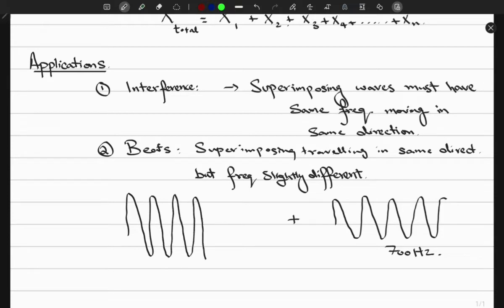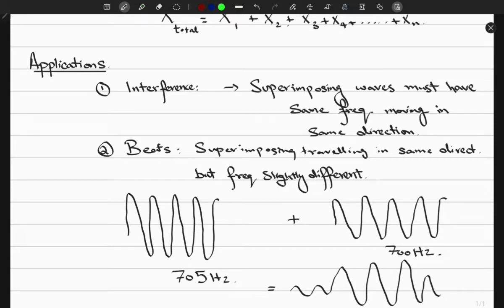Let's say that this is 705 hertz. Then these two things would really produce something that looks like this. And this would be a beat, right? Which is produced by the sum of these two slightly different frequencies.